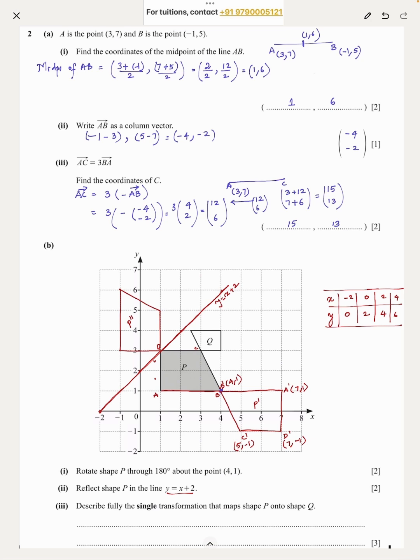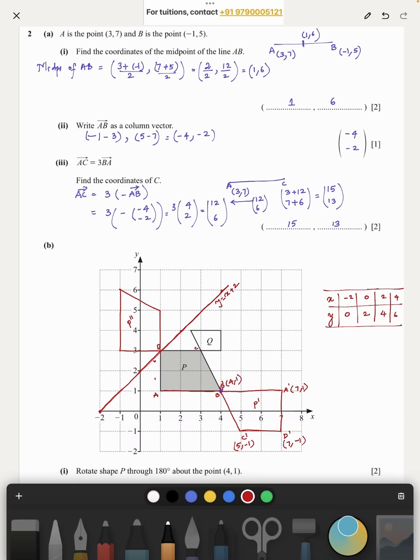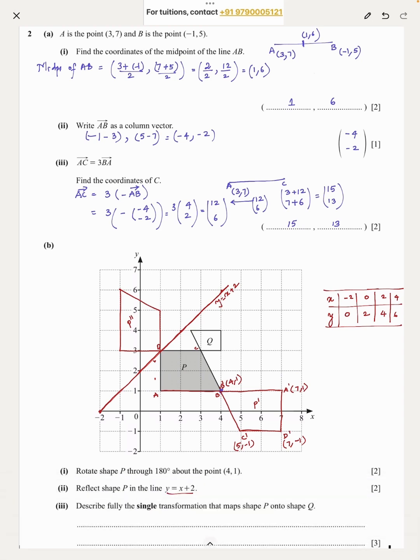Again, you can visualize and make a small adjustment so that it sits on this. So let's try doing this. I'll take another color. I am visualizing as if I'm going to rotate this shape Q, and if I make it sit like this, it's actually like this.